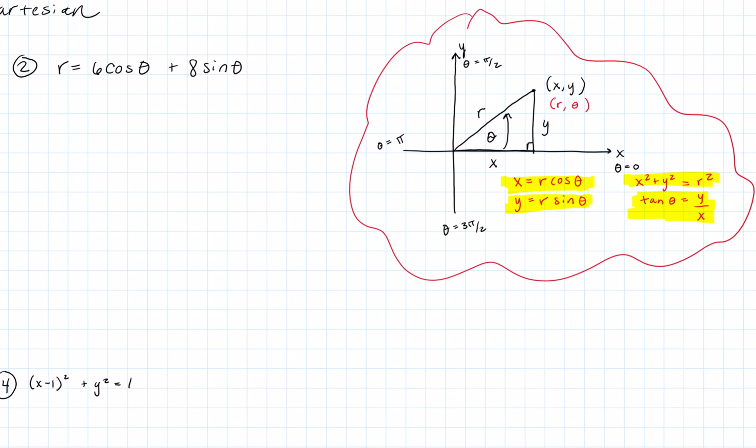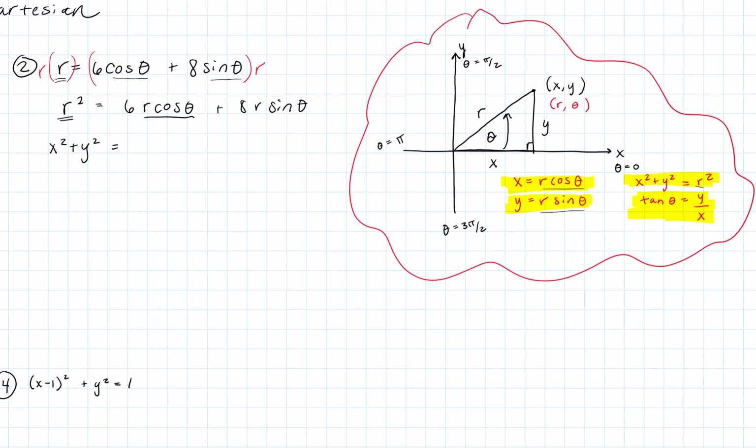So we've got r equals 6 cosine of theta plus 8 sine of theta, and I don't have any r cosines or r sines, and I don't have just a definition for r over here. But here's the thing. I see r right here, and I see a cosine and a sine, and I think, you know what, if I were to multiply both sides of this equation by r, that's going to quickly give me some connections that I can use for substitutions, because that's going to give me r squared, which I know is x squared plus y squared, based on my relationship between the polar and the Cartesian coordinate system.